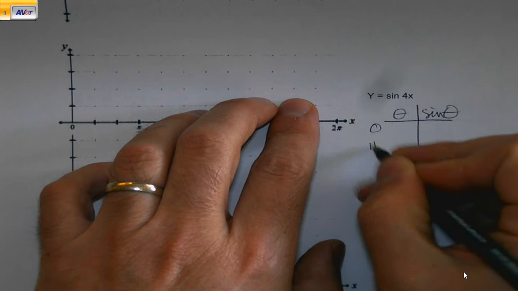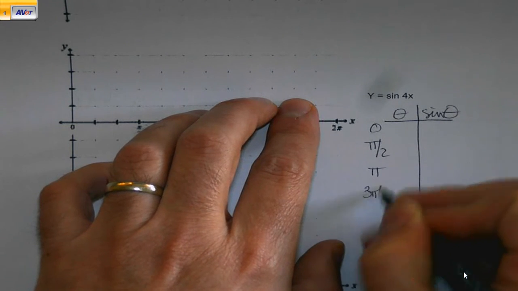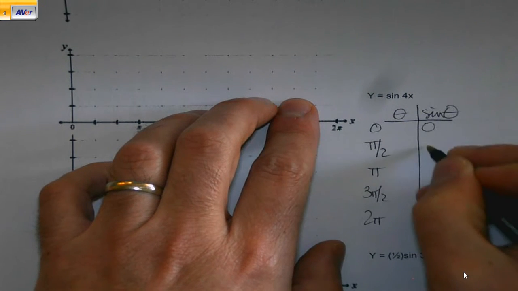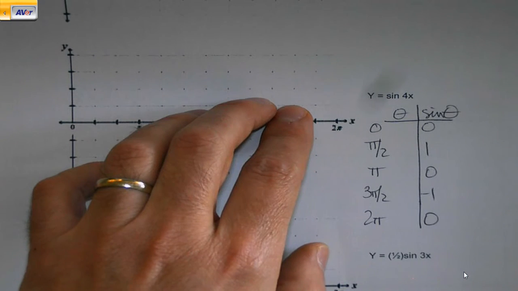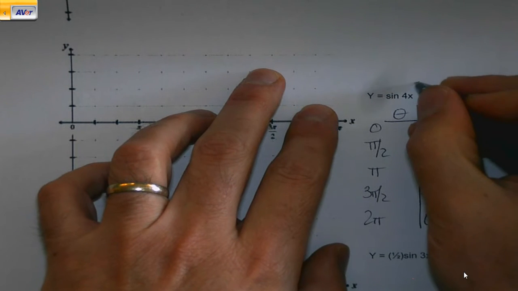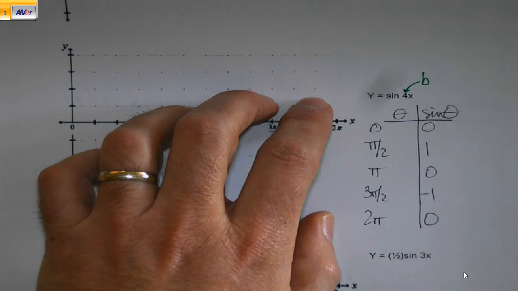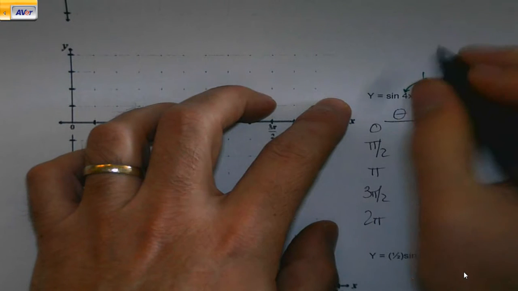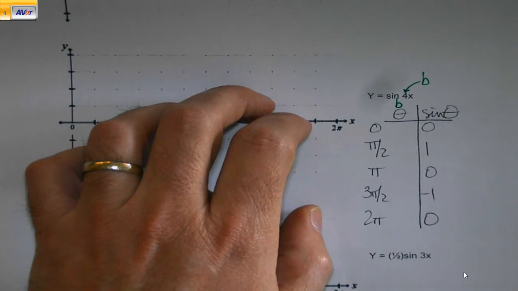Again, just have your little mini help sheet available. Now this time I get something different going on. I've got a number in front of my angle. That's my B value. B value has to do with the period of our function, so that is going to change our angle measure.